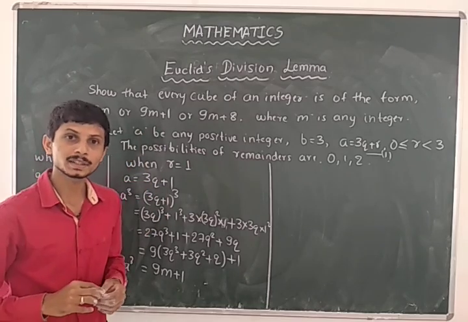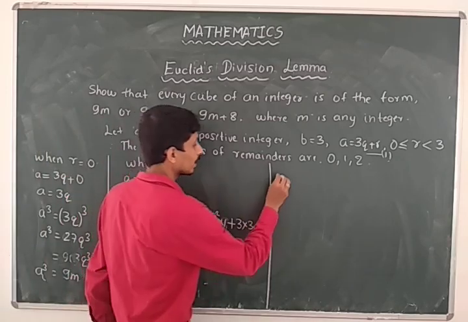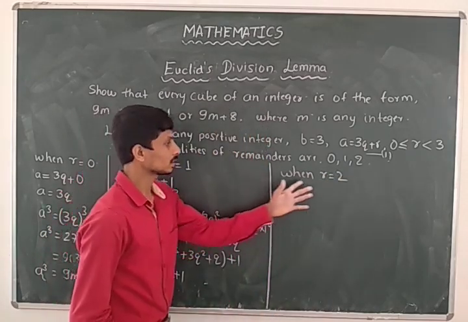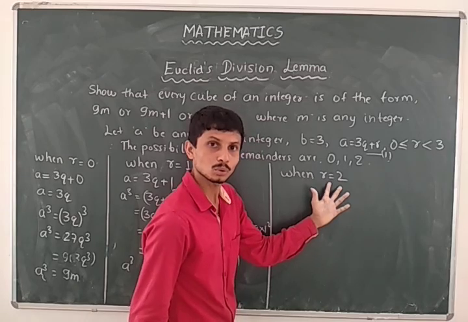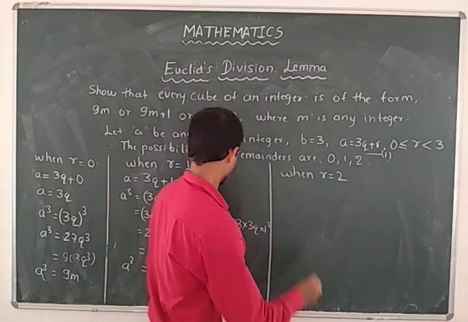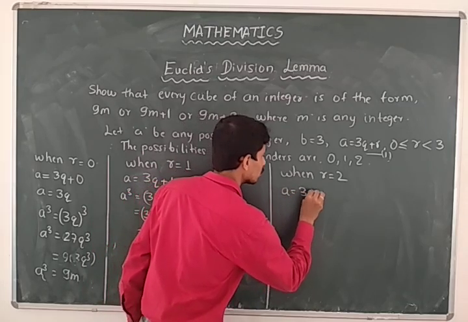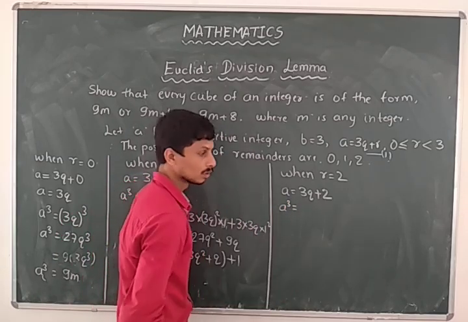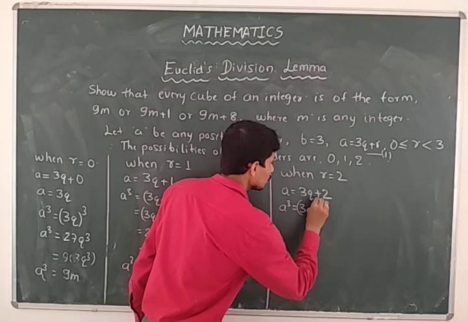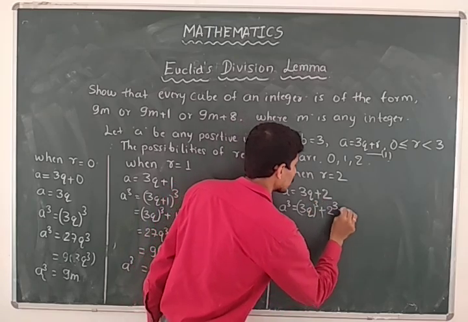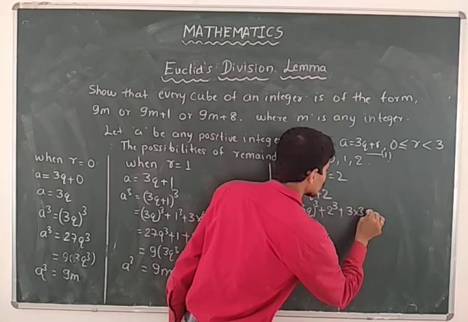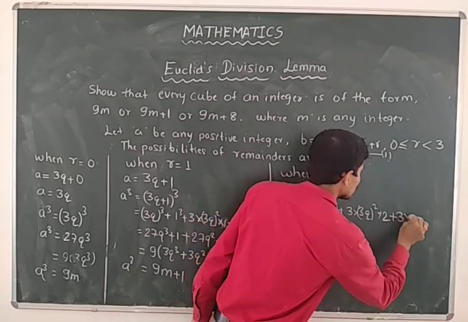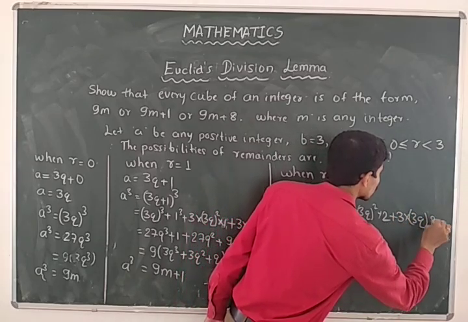Another possibility is r equal to 2. Insert r = 2 into equation number 1, so a = 3q + 2. Take the cube: (3q) whole cube plus 2 cube plus 3 into (3q) square into 2 plus 3 into 3q into 2 square.